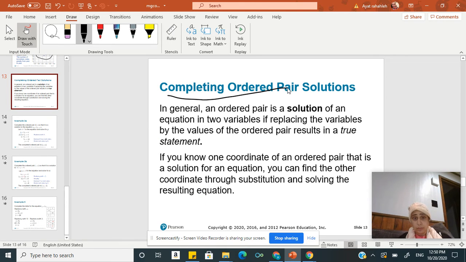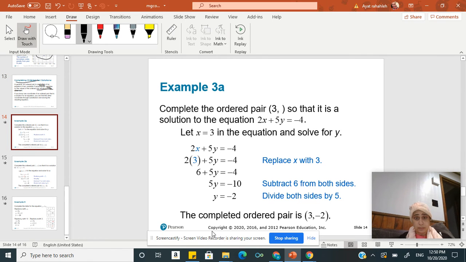Completing ordered pair solutions. In general, an ordered pair is a solution if replacing the variables by the values results in a true statement. Let me just do it as an example. Complete the ordered pair so that it is a solution of this equation. In this case, I'm telling you X is 3 and I don't know Y, but there is a relationship, they gave us an equation.